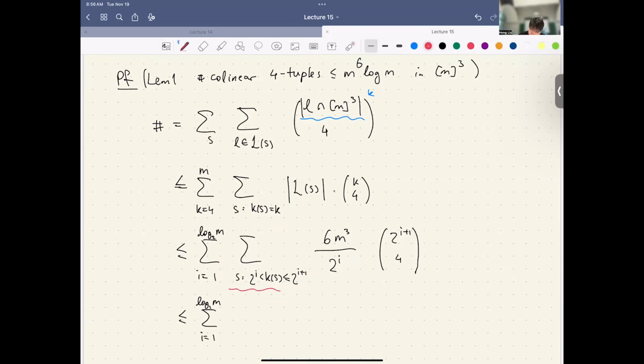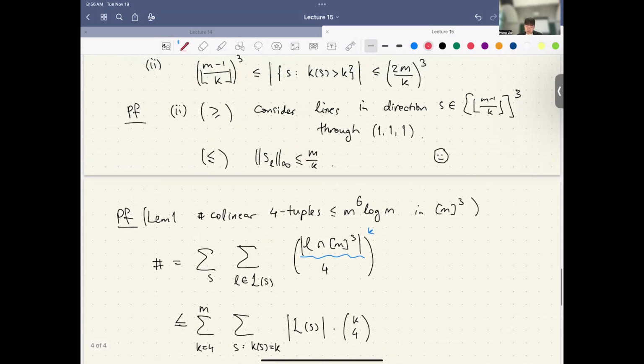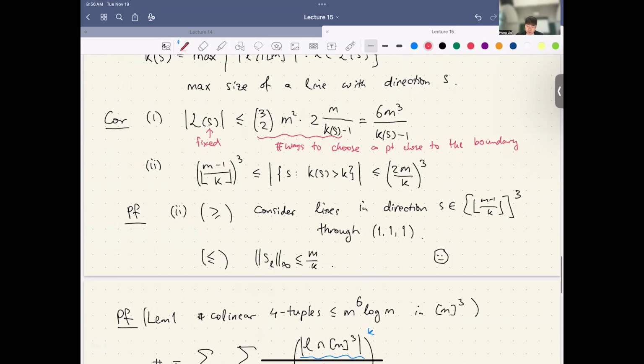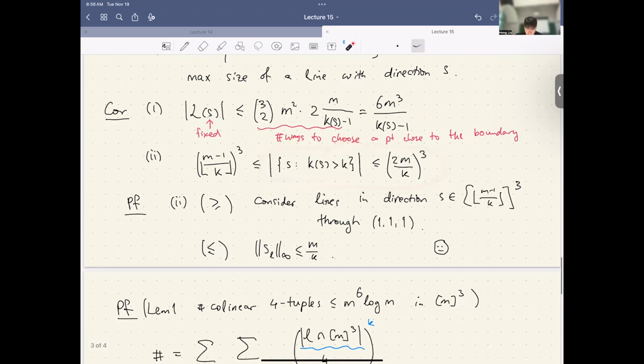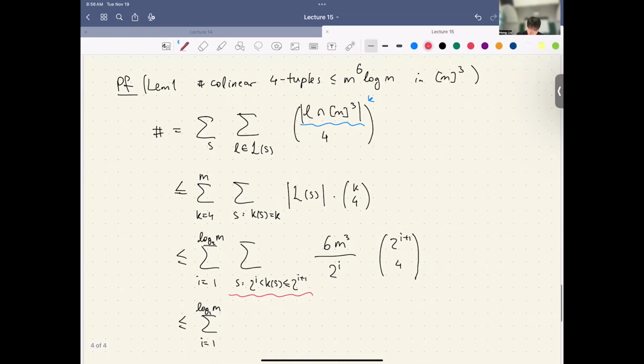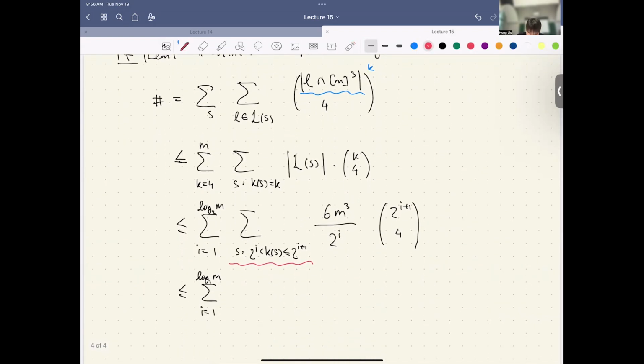We have to count the directions where the corresponding size is at least K, which is at most 2m over K. So this is at most 2m over K, but K is at least 2 to the i to the cube.